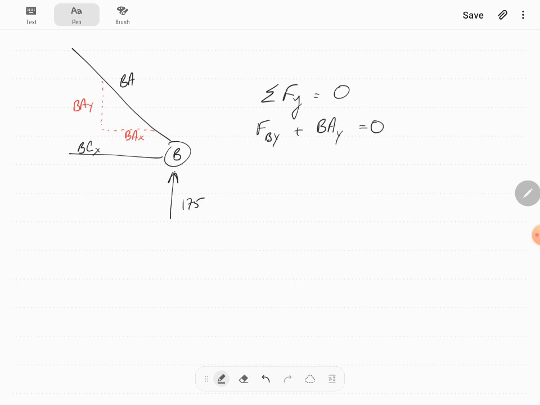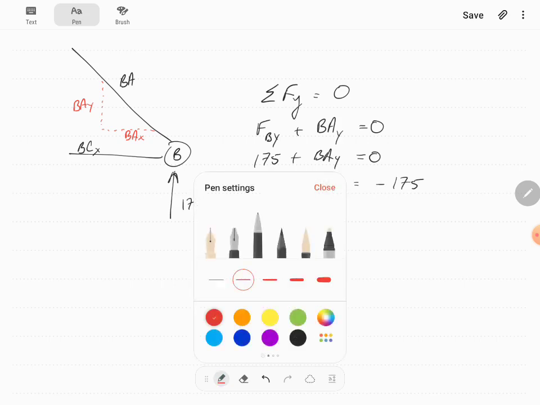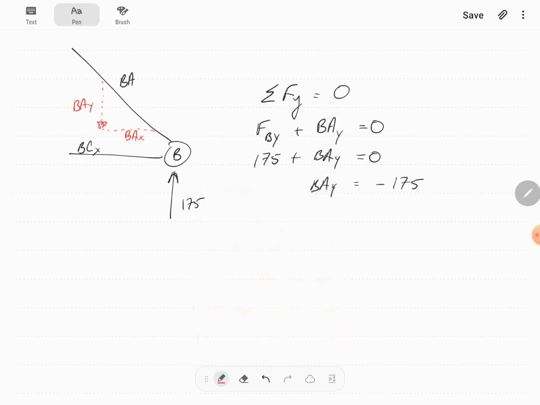These two have to balance and equal 0. So if those two balance and equal 0, then what are they? FBY is up, positive 175. BAY, I just found out, must balance that by pointing down at negative 175. So now I know another piece to this puzzle. Right here, this is 175 pounds of force.